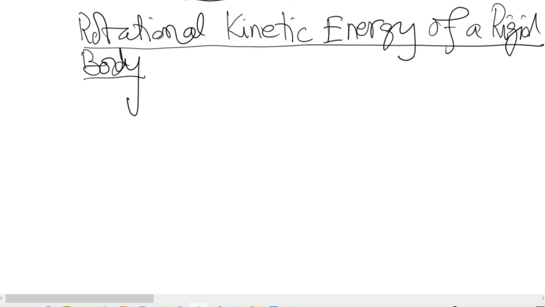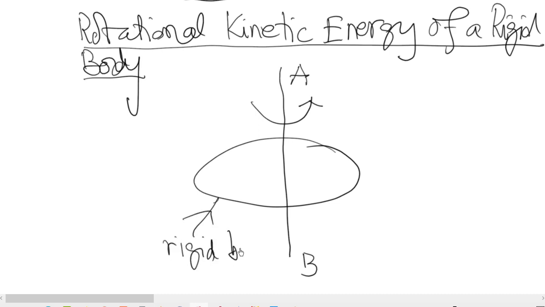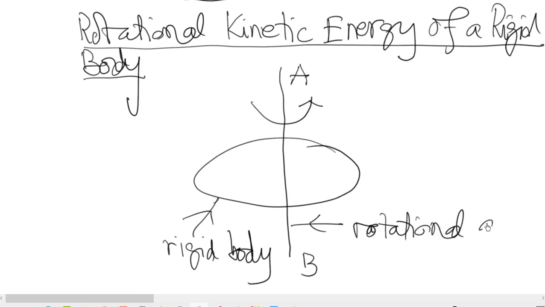If we draw a rigid body like this, and let us suppose that the rigid body is rotating about the axis AB, and this is the rotational axis. And we consider that the rotational axis passes through the rigid body through the point O.